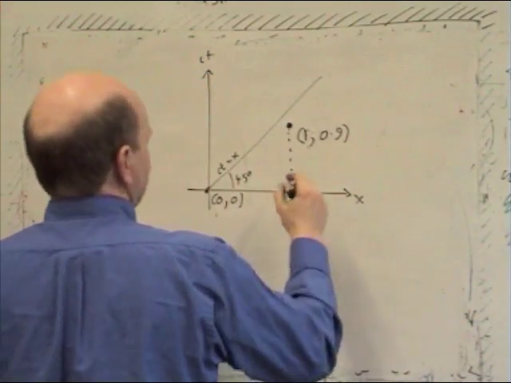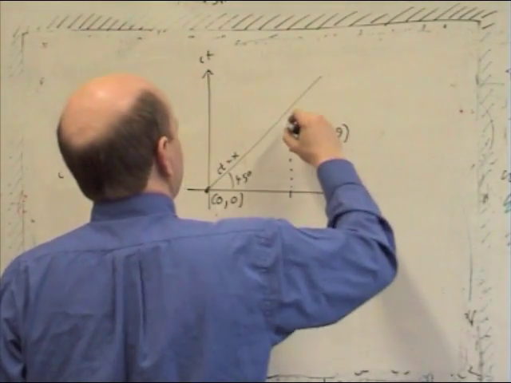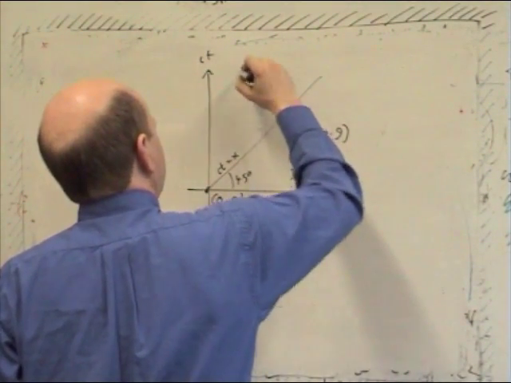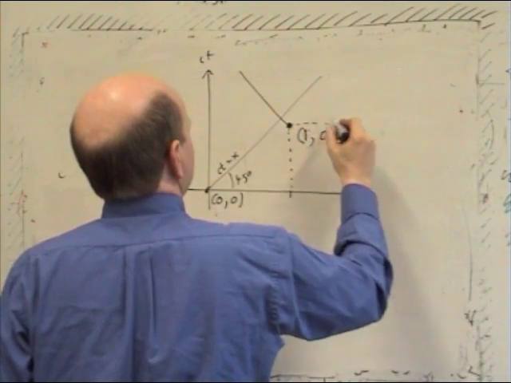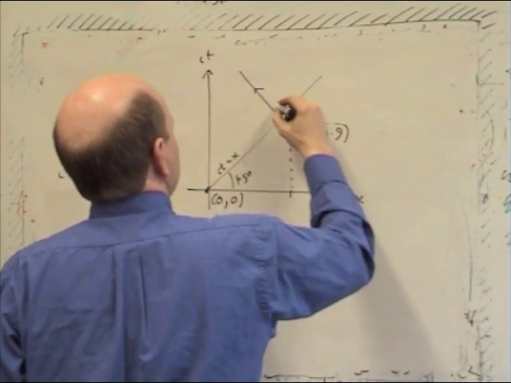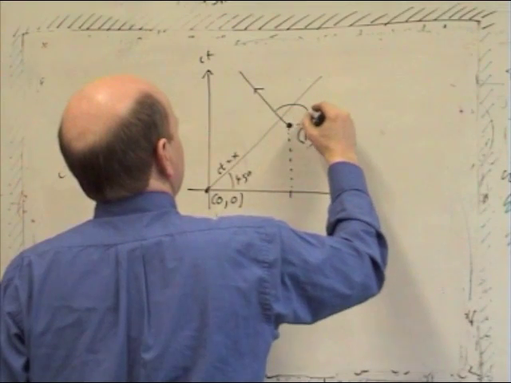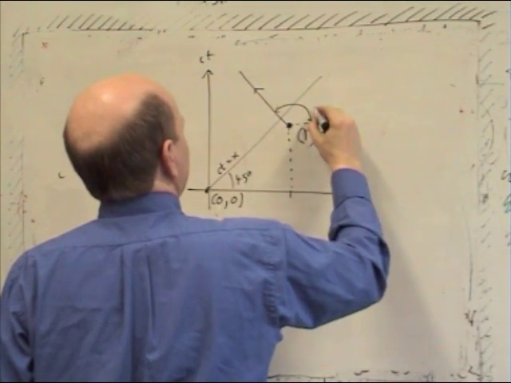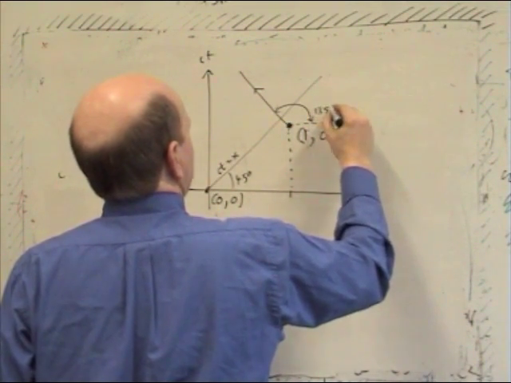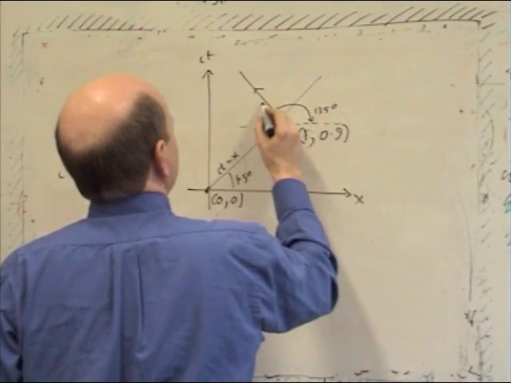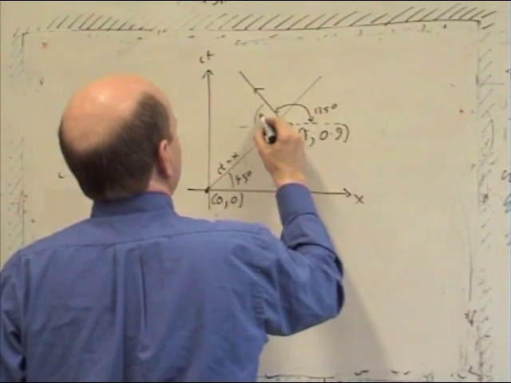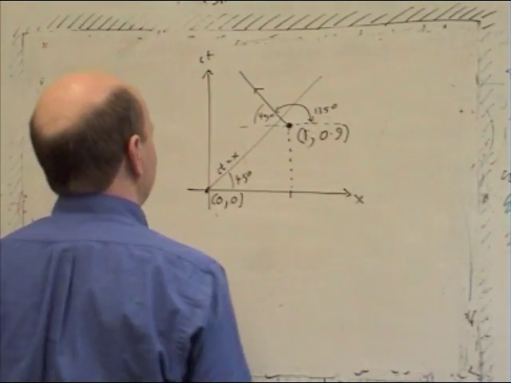Now, event B also emits a light beam. It goes in the opposite direction. So this light beam, going that way, the angle of that with respect to the direction of increasing x is 135 degrees. So it's moving at 45 degrees but in the opposite sense. So that angle there is actually 45 degrees.